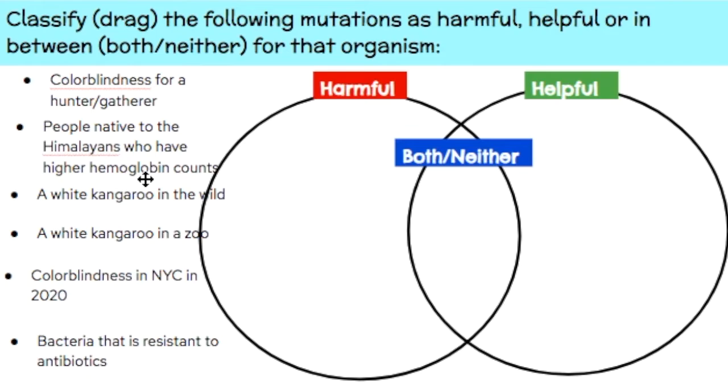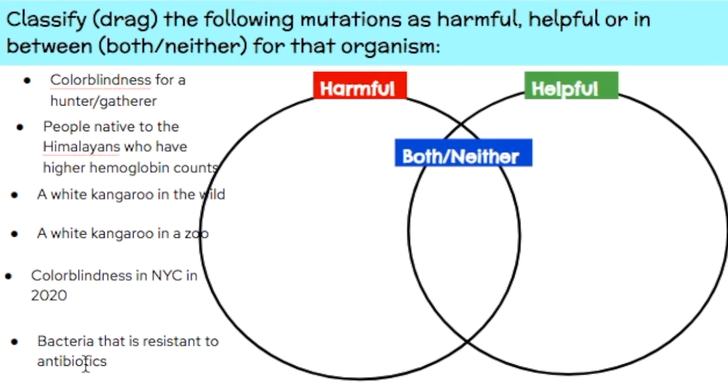We talked about that the other day. So is the mutation where you can carry more oxygen at a high altitude, is that helpful, harmful, both, or neither? A white kangaroo in the wild, a white kangaroo in the zoo, think about their settings. Being colorblind today in New York City, is it harmful, helpful, both, neither?